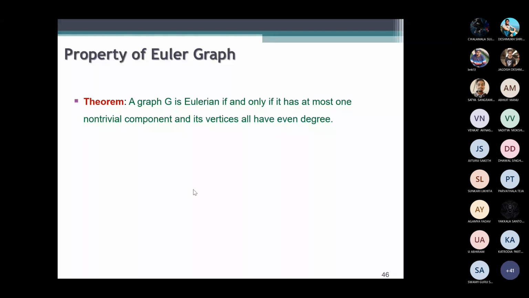The definition is that a component is non-trivial if it has at least one edge in it. So a graph G is Eulerian if it has at most one non-trivial component, and its vertices all have even degree. In the non-trivial component, the degree of every vertex is even. This we have to prove.